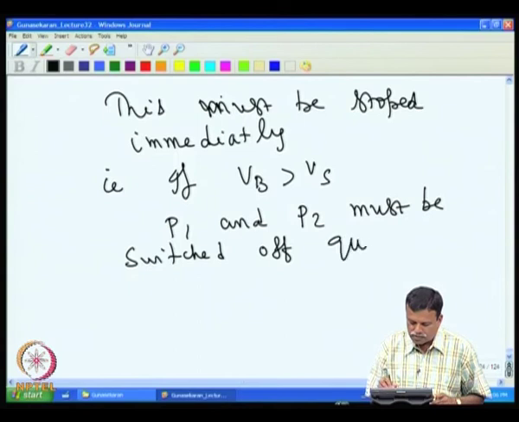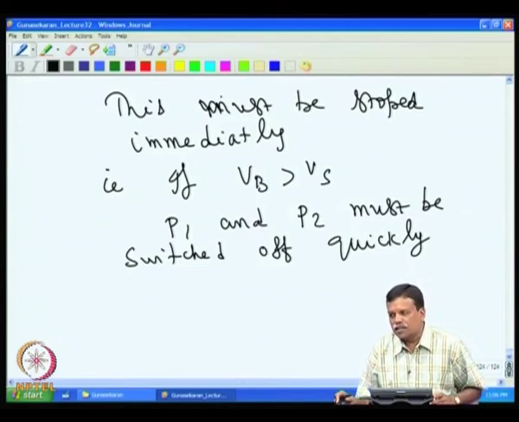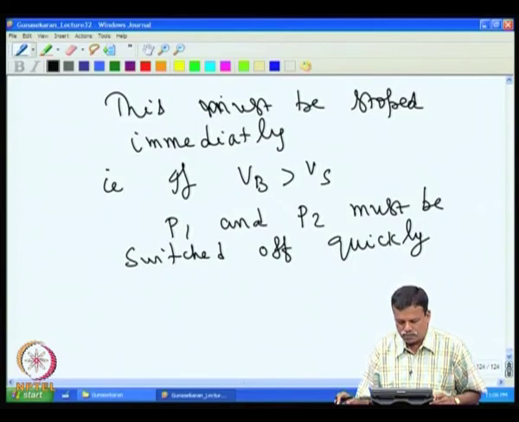So it is essential that one measures the voltage of the panel and the battery very rapidly, takes a decision and then switches off at once.